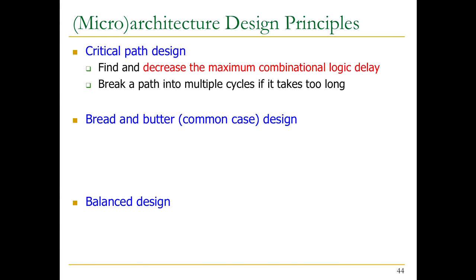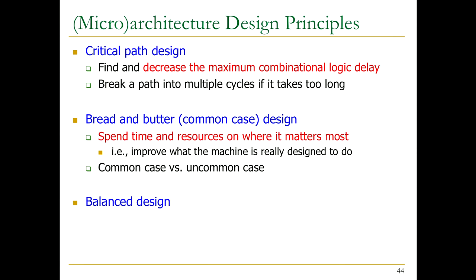Bread and butter, common case design says, spend time and resource on where it matters the most. What are you executing? Improve what the machine is really designed to do. Of course, it's an art, right, as we've discussed earlier. You may know a common case, and you really want to optimize that common case first. There's also Amdahl's law. You guys know about Amdahl's law? Yes, excellent.